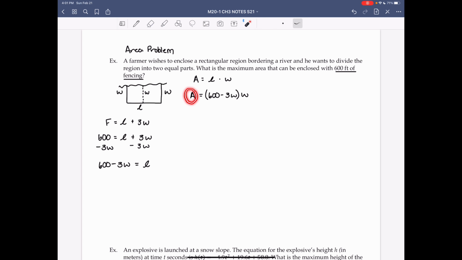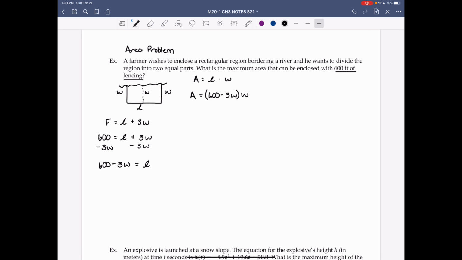I have A and I have W. Just like normally I have X and I have Y. Now I can change this into vertex form and find my vertex, which would be my maximum area.